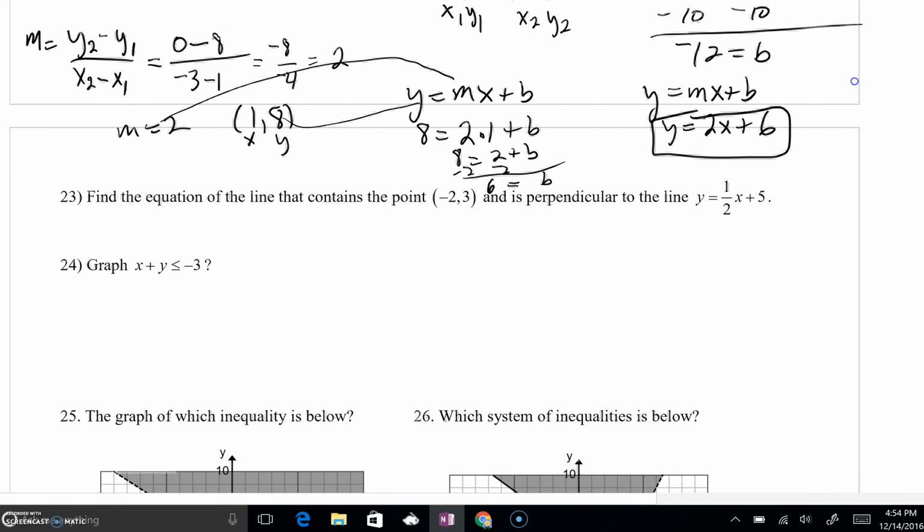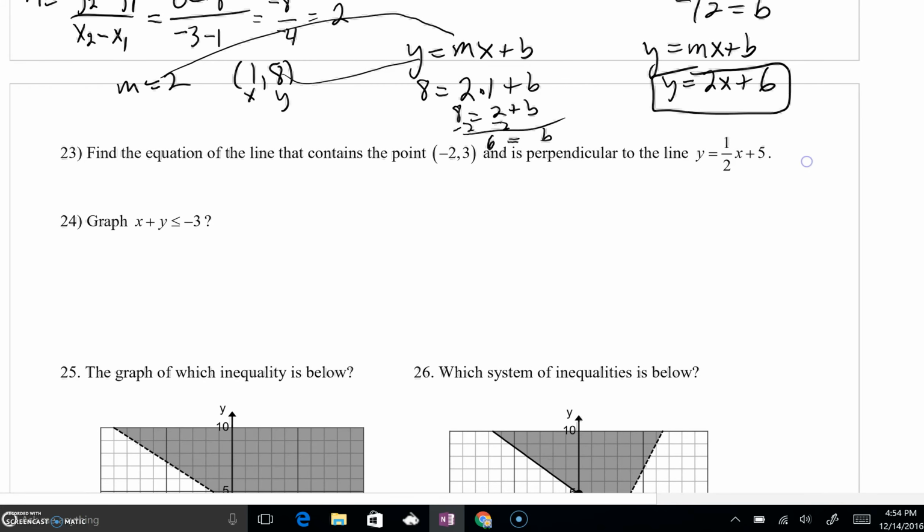As we move to number 23, perpendicular lines are going to come into play. We need to write the equation of a line, and once again, we need to essentially write y equals mx plus b. But if you look at this other line right here, y equals mx plus b, you'd know that your m is 1/2, but perpendicular lines have slopes that are opposite reciprocals.